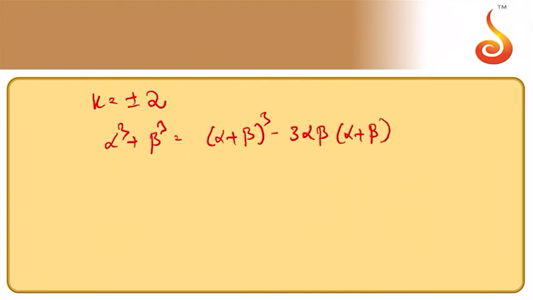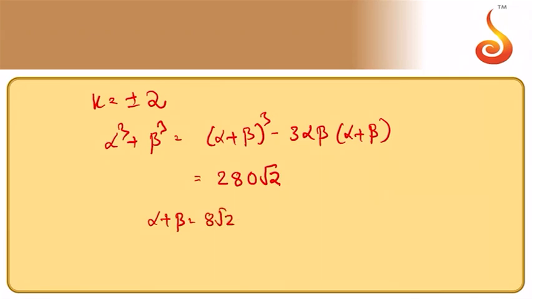So alpha cube plus beta cube is equal to alpha plus beta whole cube minus 3 alpha beta into alpha plus beta. So if we substitute the values, we get 280 root 2, because already we know the value of alpha plus beta.